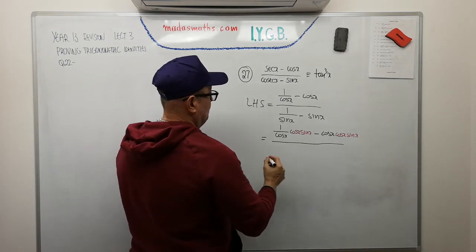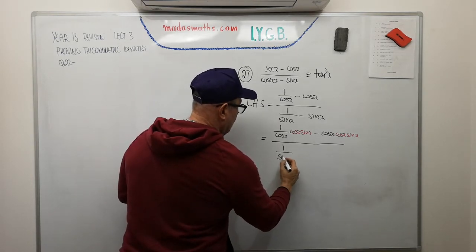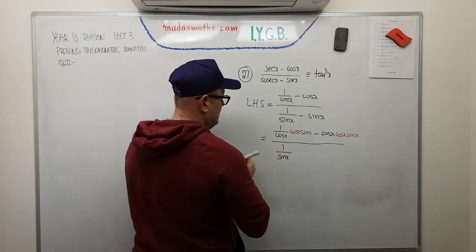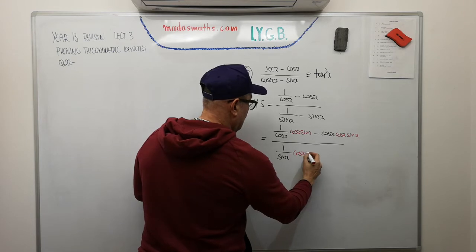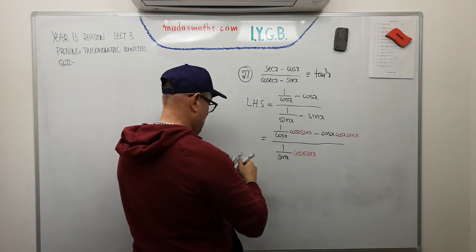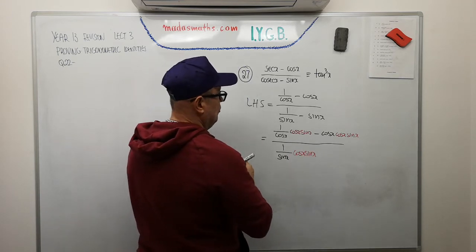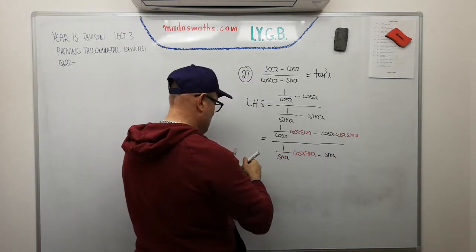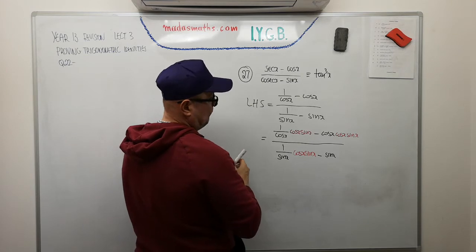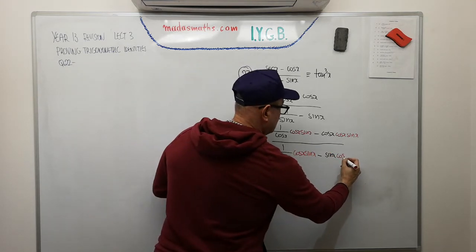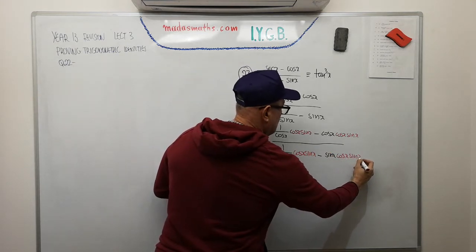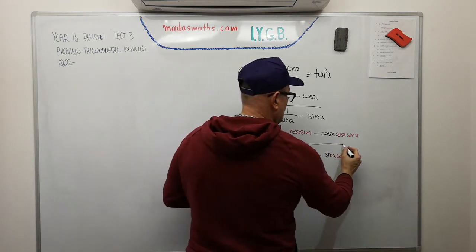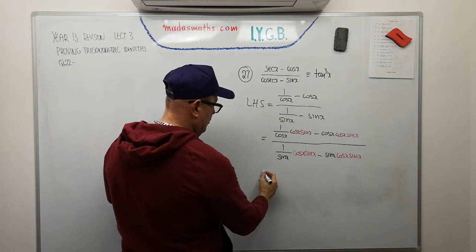Then at the bottom, I'll go 1 over sine x, which of course also needs to be multiplied by cos x, sine x, and lastly minus the sine of x, which again needs to be multiplied by the same quantity. If you multiply top and bottom of a fraction by the same non-zero quantity, then you don't alter the fraction. You're getting an equivalent fraction.